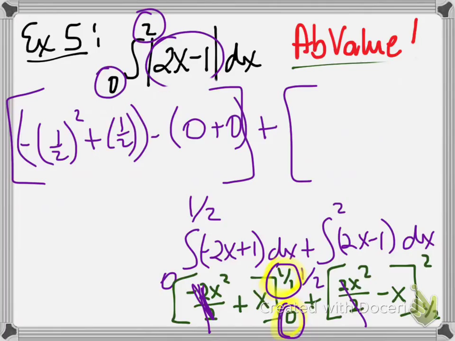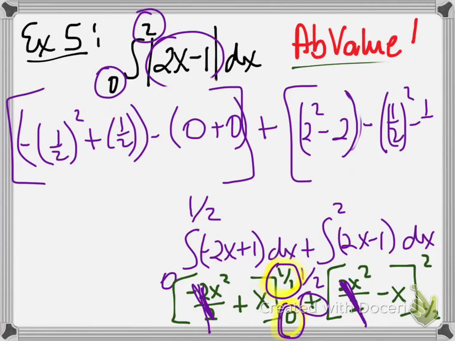Plus, now the reason it's plus is because we had to break it, remember, into 2 functions. So we integrate the 2 functions and then add their areas together. So over here, the 2 canceled, so I'll have 2 squared minus 1/2, minus, 2 squared minus 2, minus 1/2 squared minus 1/2.